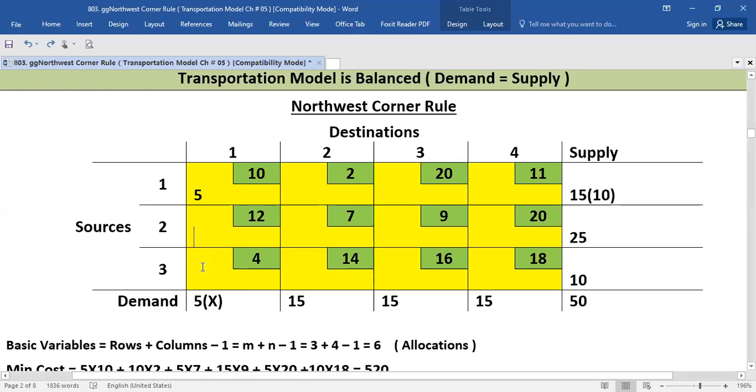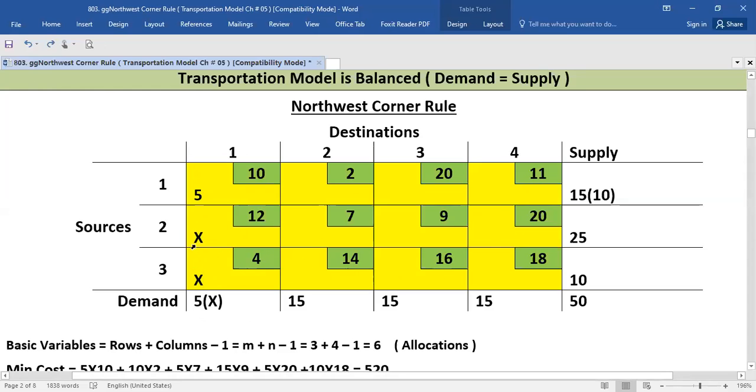This is the main point. You will have to understand that we are left with two blank cells, so you will fill these blank cells with the cross sign. Now this column is completely eliminated from the table.